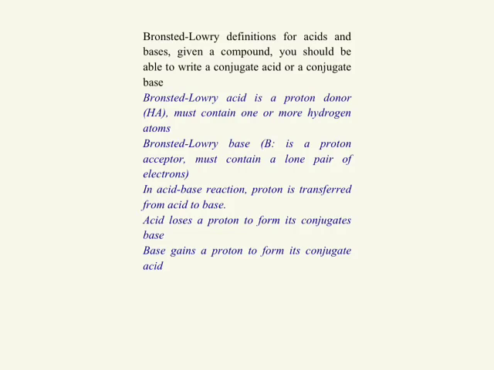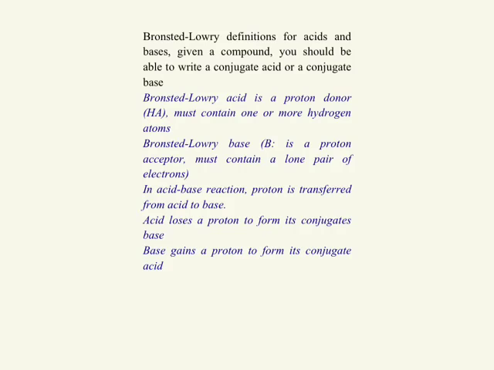A more general definition of acids and bases was proposed by Bronsted and Lowry. In the Bronsted-Lowry definition for acids and bases, you should be able to write conjugate acid or conjugate base also. But let's go over the definitions first.